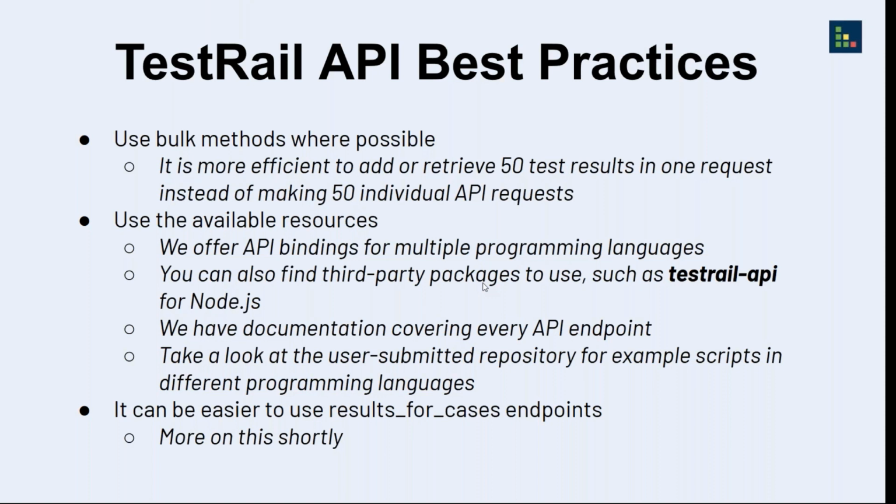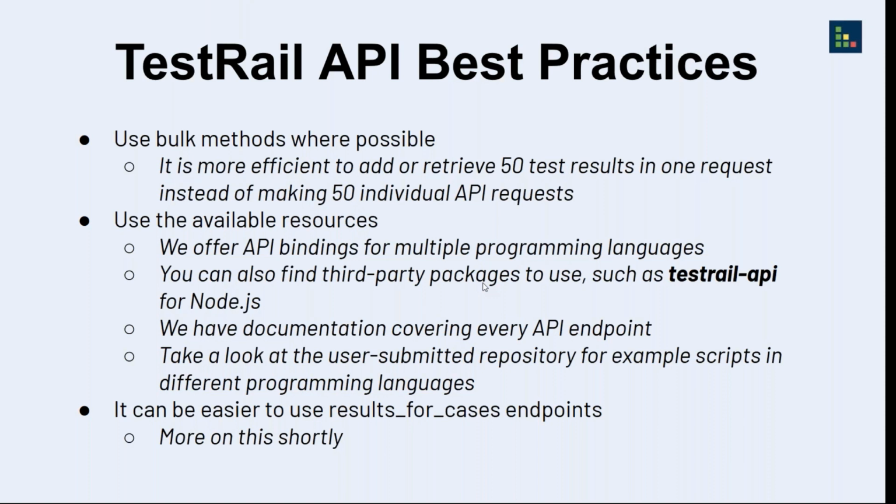We do not have any bindings available ourselves for JavaScript, but you can use the third-party packages that are already written for you, so you do not need to create modules and create a bunch of extra effort for yourself if it's not necessary. We also have a user-submitted repository for example scripts in different programming languages, which you can look at as well. I'll provide a link to this information at the end of the webinar.